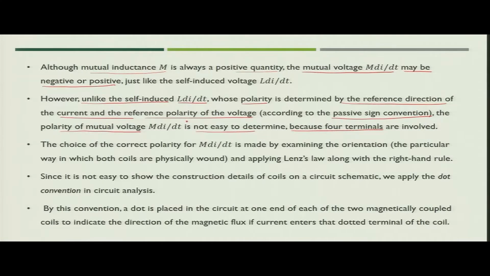The choice of correct polarity for M di by dt is made by examining the orientation of the coils, that means the way in which both coils are physically wound, and then applying Lenz's law along with the right hand rule to find the correct polarity for mutual voltage.